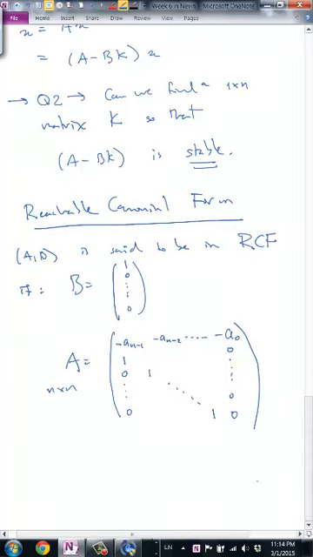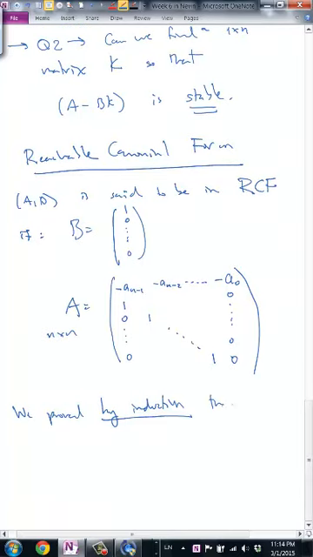And the key thing that we proved in class, which I won't repeat here, we proved this by induction, is that the characteristic polynomial of A is revealed by its coefficients.